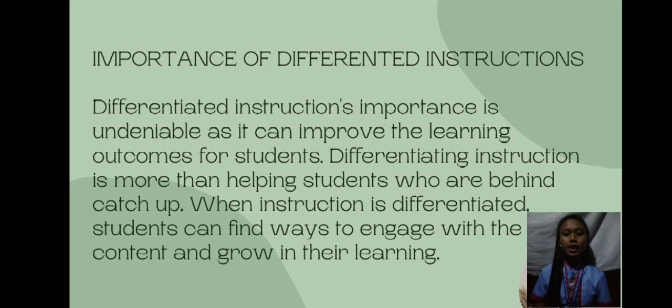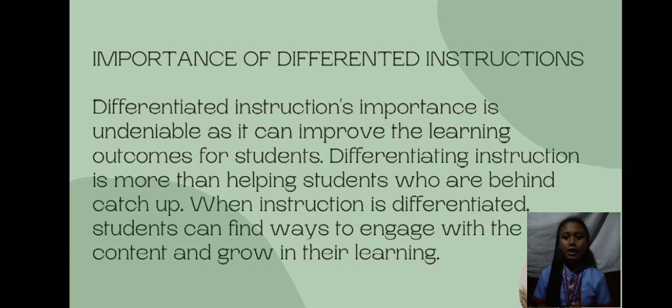The last one is the importance of differentiated instruction, or what is the essence of differentiated instruction. Its importance is very undeniable because it can improve the learning outcomes for students.